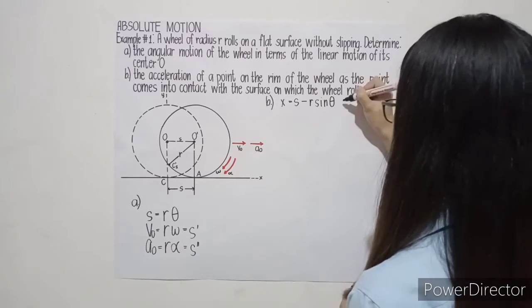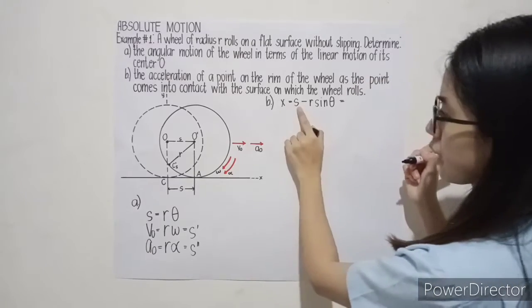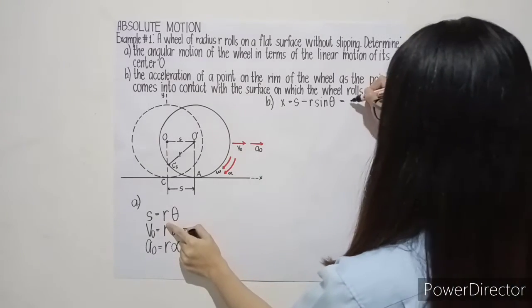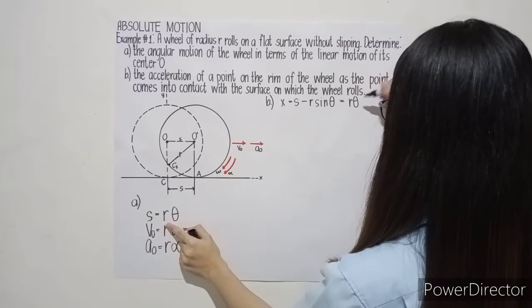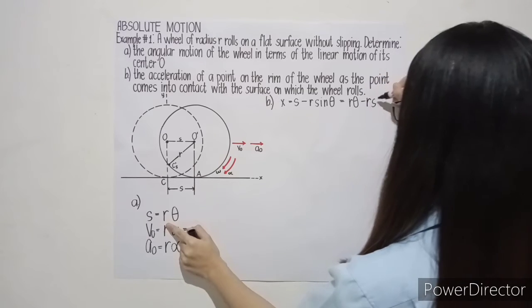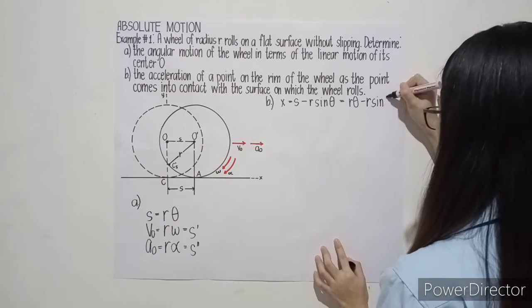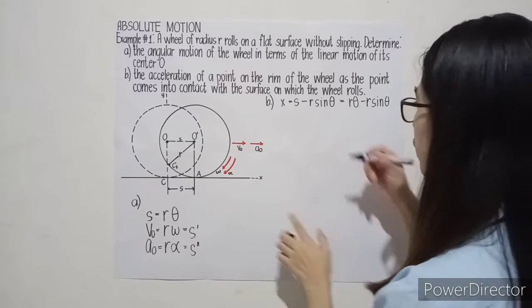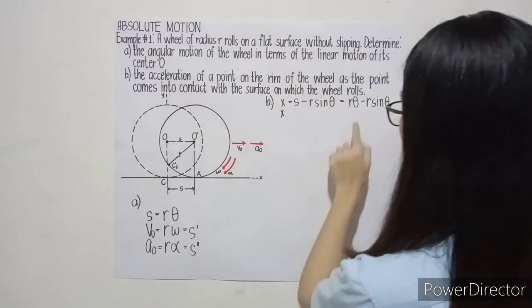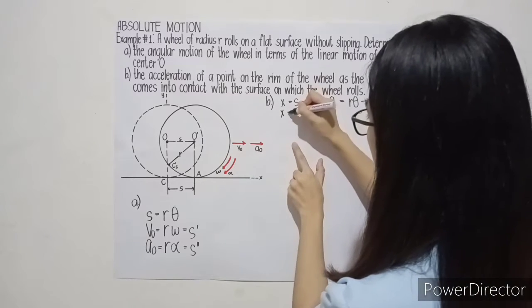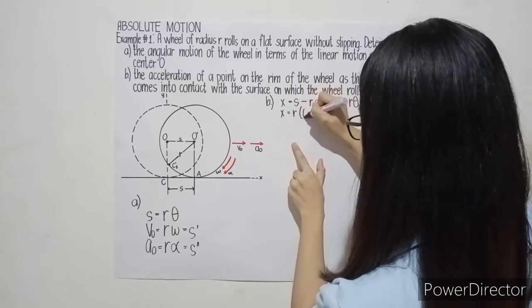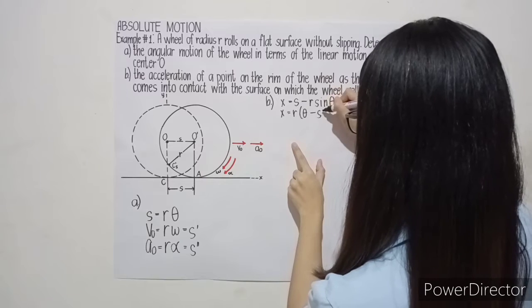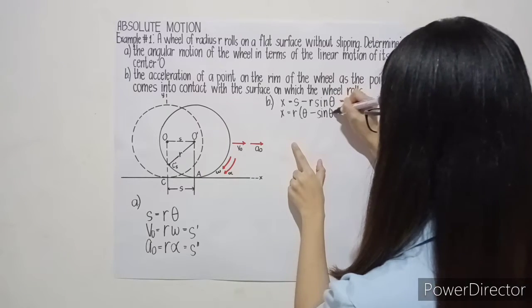And s is equal to r theta, so x is r theta minus r sine theta. By factoring, we have r times theta minus sine theta.